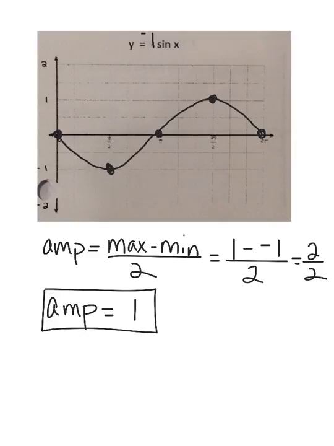So your amplitude will always be a positive number. This negative, again, is just telling you what direction you're going in. So in the case of a sine curve, we start at 0, 0 here. Normally we will go up, but if the number in front is negated, that means we're going to flip it and we'll go down first. Okay?